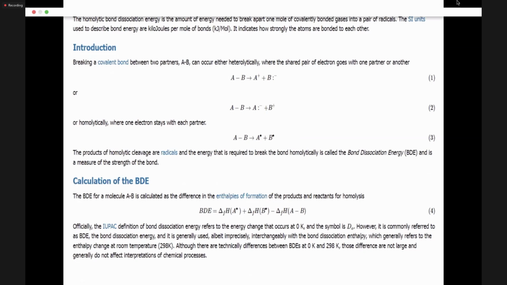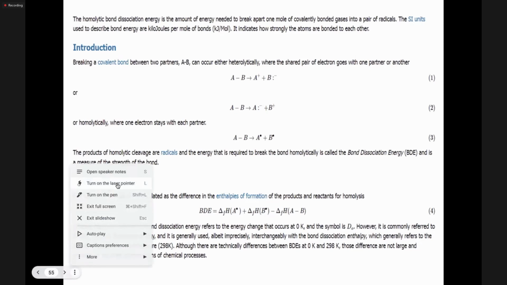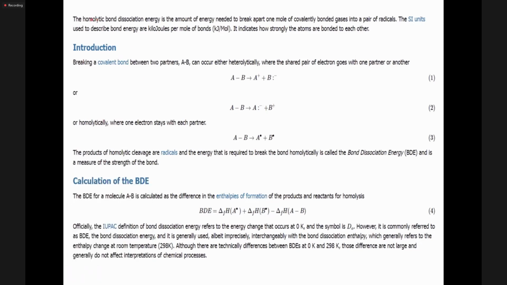In this case, the bond dissociation enthalpy plays a pivotal role, so what do we actually mean by bond dissociation energy? Let me just bring out a pen. The homolytic bond dissociation energy is the amount of energy required to break apart one mole of covalently bonded gases into a pair of radicals.